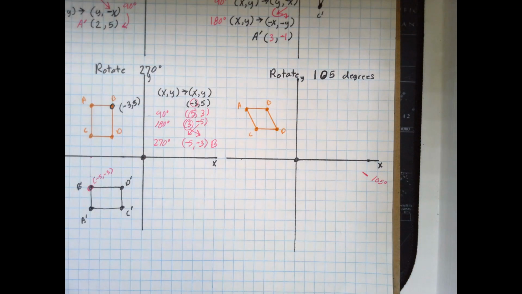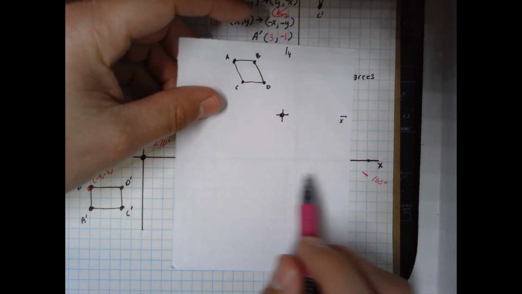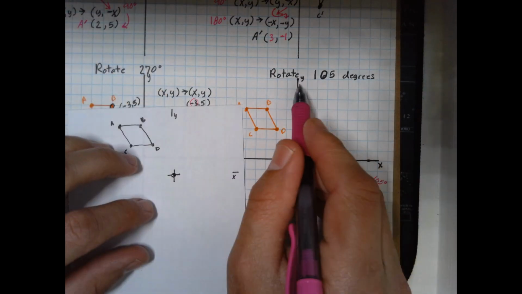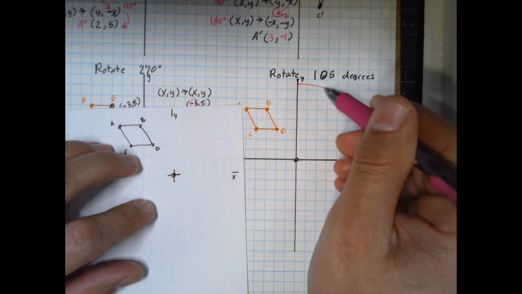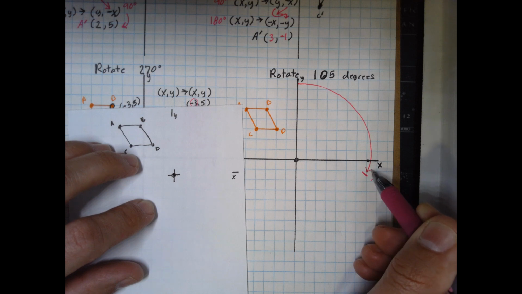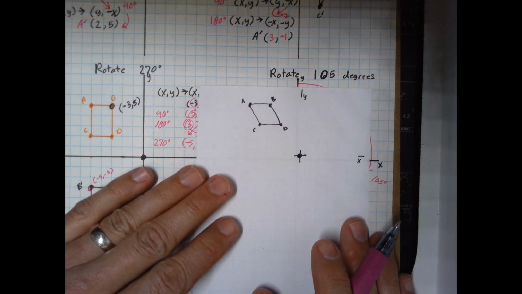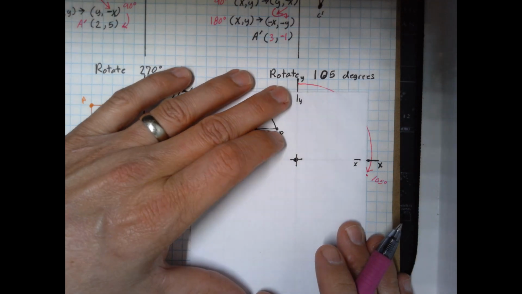So now I'm going to put my image back on there, and my goal is to spin it around, to get this y-axis, because it's going to go from right here, this y-axis, and I'm going to have it curve all the way around until it hits that point, which is 105 degrees, marked with my protractor. So let me line up my y-axis, my x-axis, and origin.